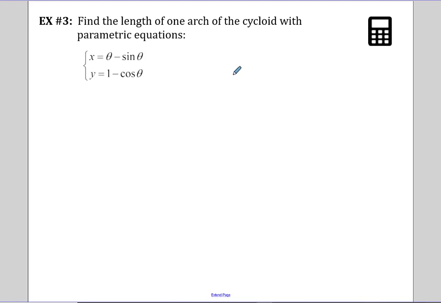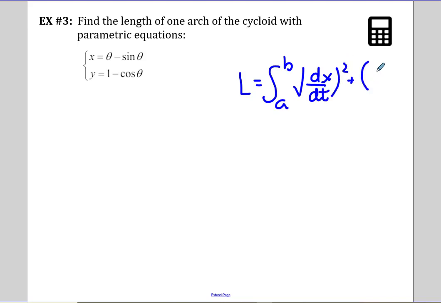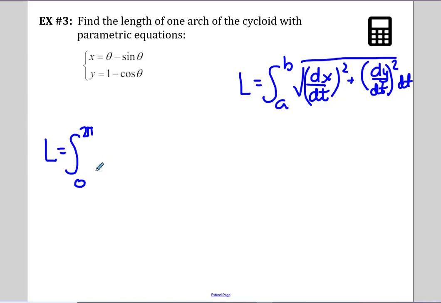So we would want L is the integral from a to b of dx dt squared plus dy dt squared with respect to time, all under the radical. So we're going to use that formula. And putting that together, we're going to go from 0 to 2 pi.